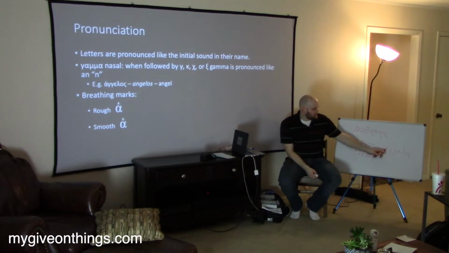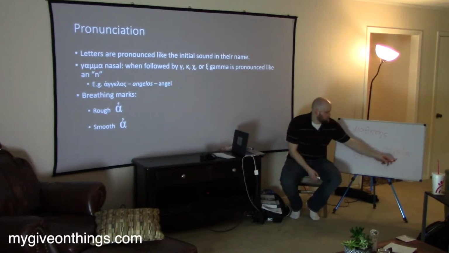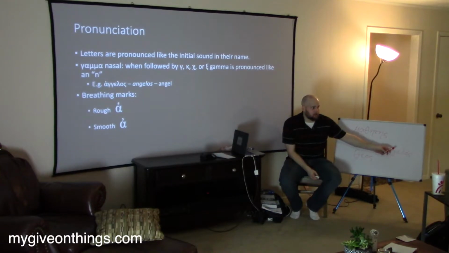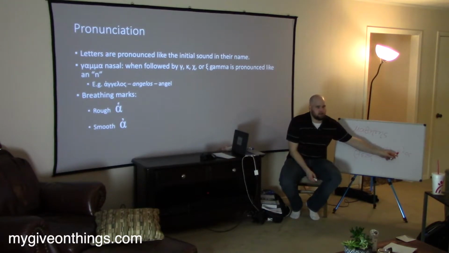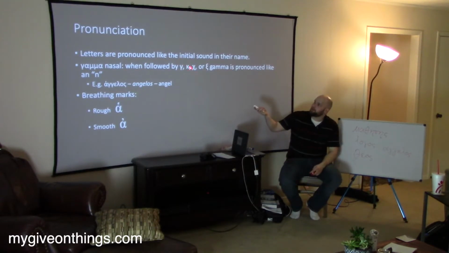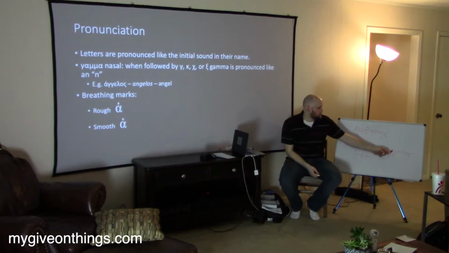Now, if you were just sounding this out, every single letter, it would look like a-g-g-elas. But you don't say a-g-g-elas, you say ong-elas. So whenever you see gamma gamma, or gamma kappa, or gamma chi, or gamma xi, the first gamma acts like an N.